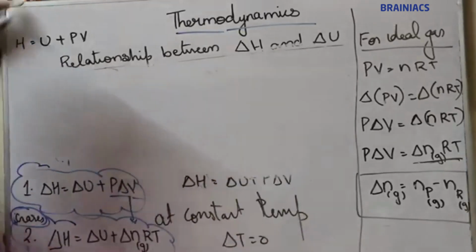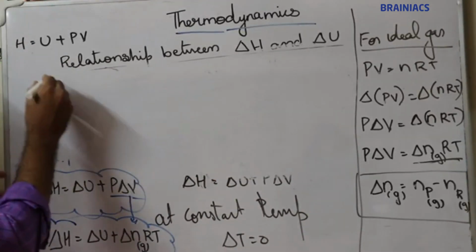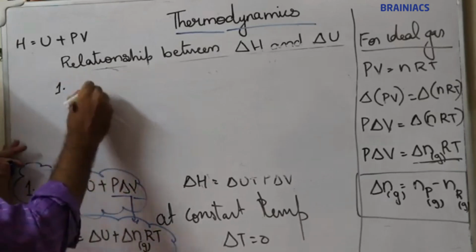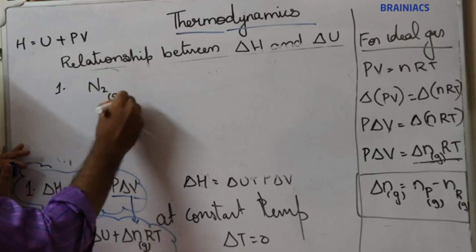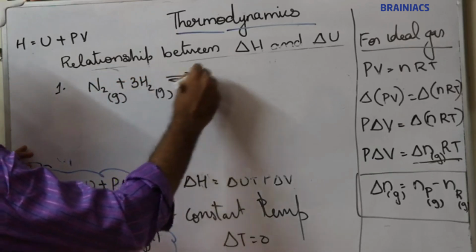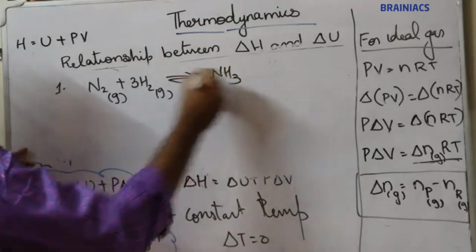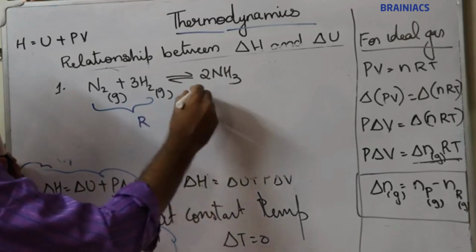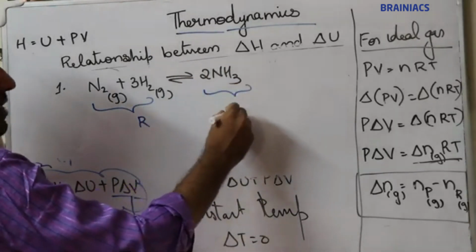Consider this equation: N2 gas plus 3H2 gas giving 2NH3 gas. Here N2 and H2 are reactants, and ammonia is our product.